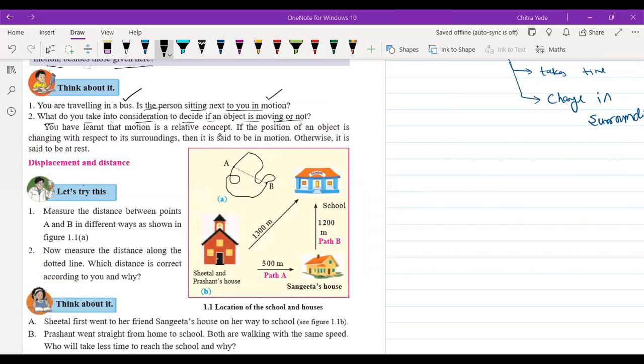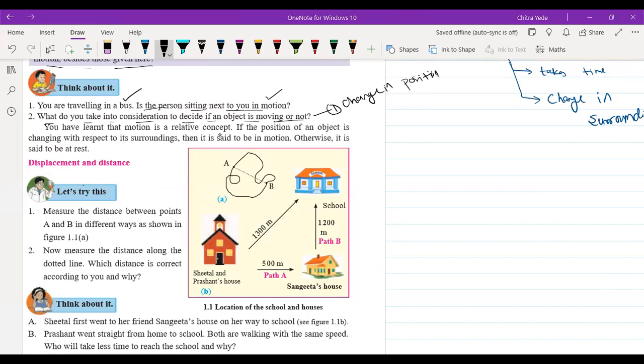Tell me the answer. I'm waiting for the answer. You consider the time taken and the change of surrounding. And change in position. First is change in position. Change in position. Then surrounding.